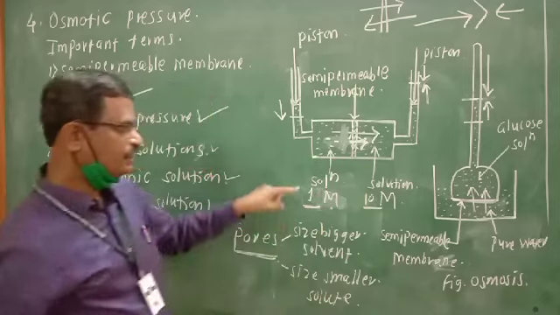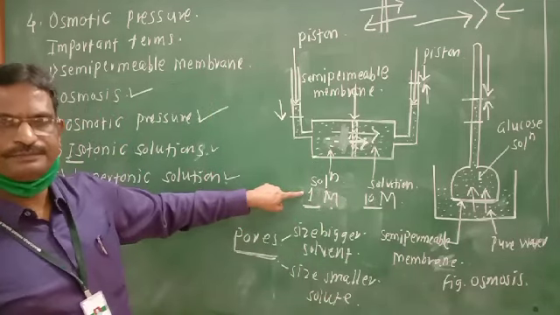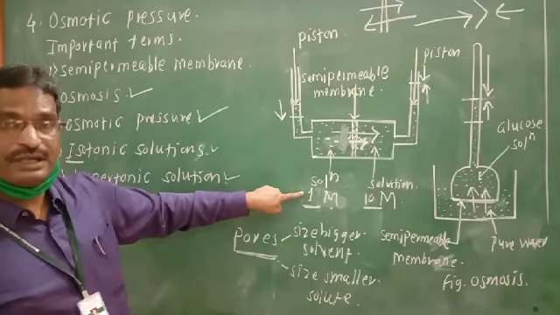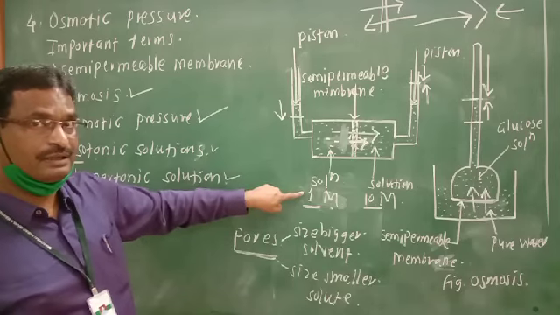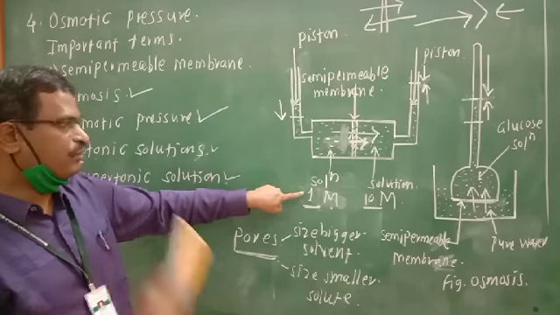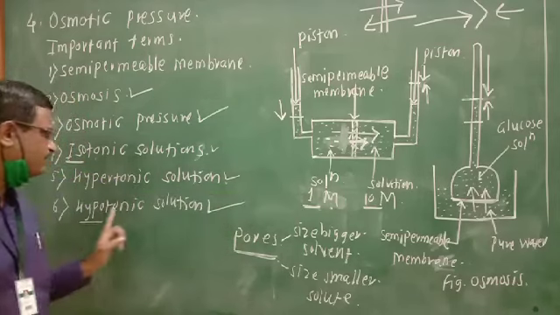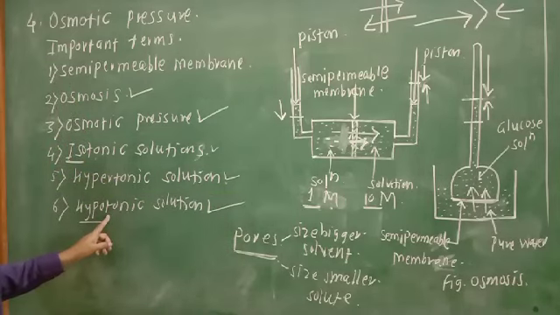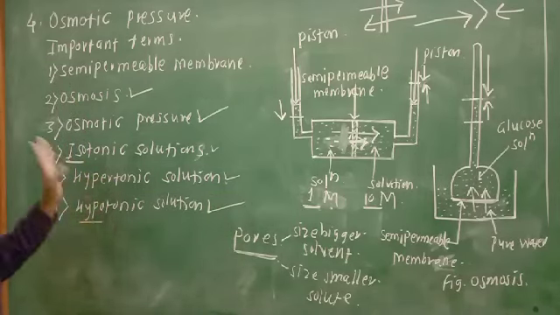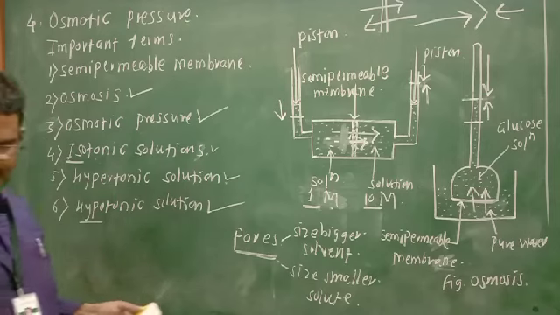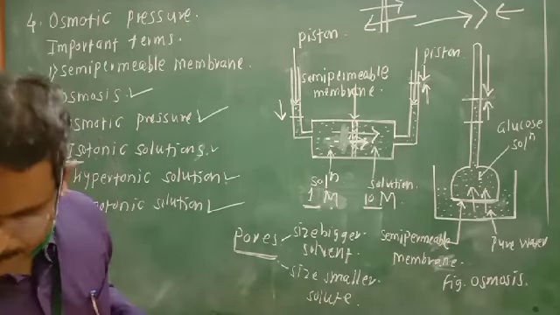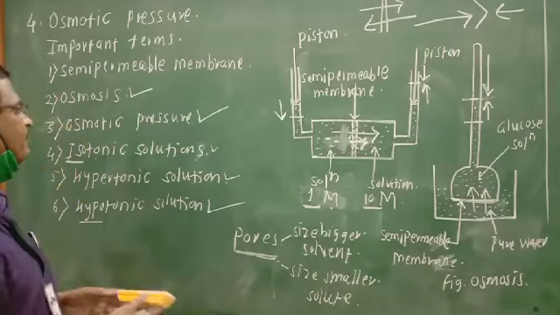The solution which has lower concentration, lower number of moles, higher vapor pressure and lower osmotic pressure is known as a hypotonic solution. These are three types of solutions explained on the basis of their movement through a semi-permeable membrane.